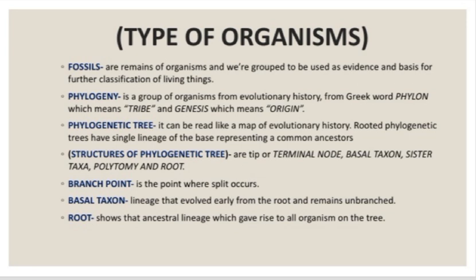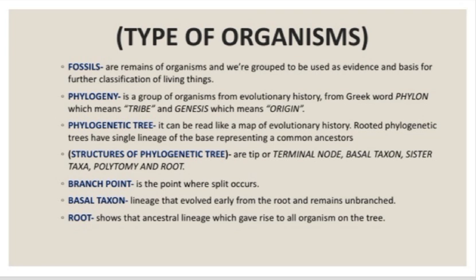There are types of organism. First is fossils, which are remains of organisms and were grouped to be used as evidence and basis for further classification of living things. Fossils are remains or tracks of organisms that lived long ago. Second is phylogeny.